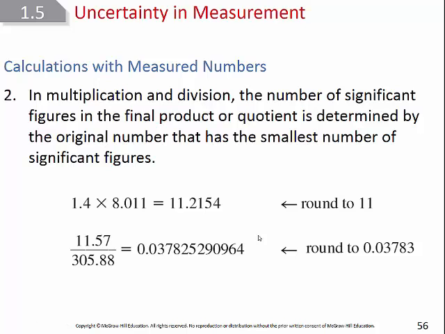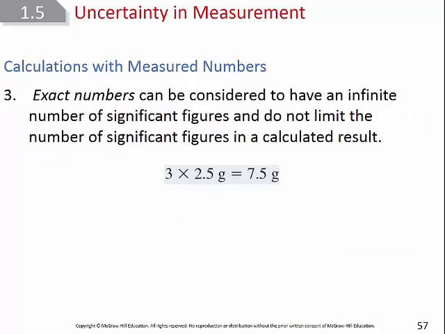Now, what about that whole exact versus inexact number we talked about earlier? Exact numbers, I said, have no level of error, so they technically have, you could say, infinite number of significant figures. So, for example, if I had 3 objects that weighed 2.5 grams each, and I wanted to figure out the total mass, it would be 3 times 2.5.